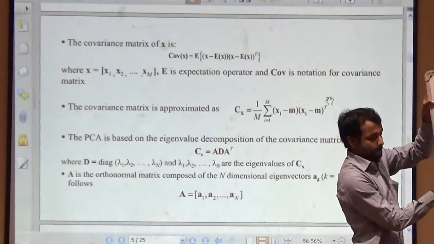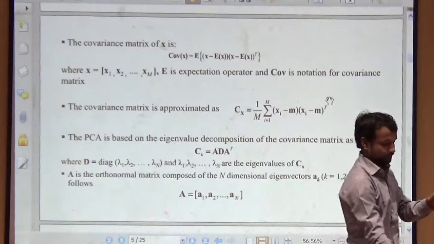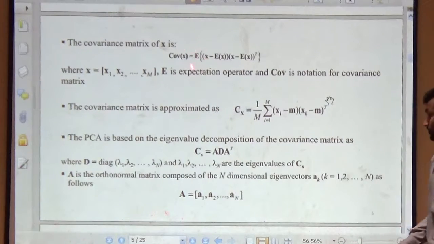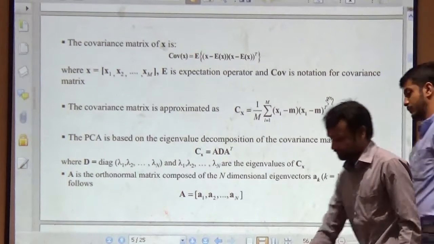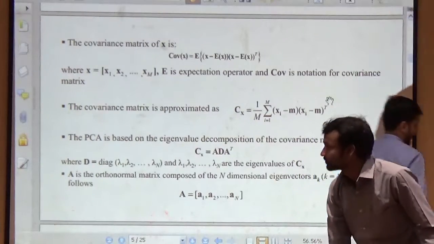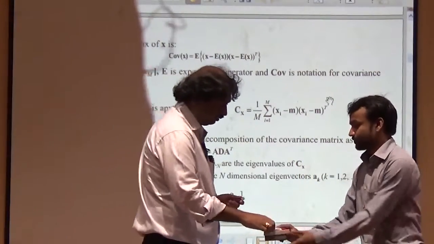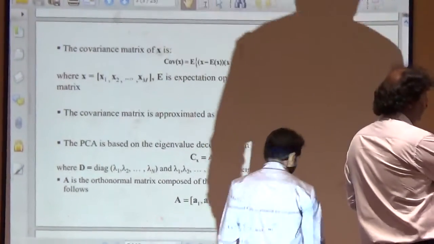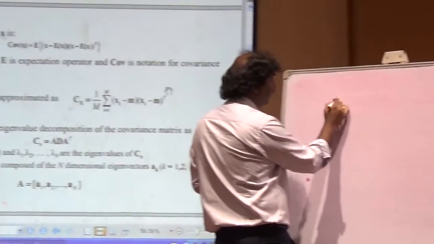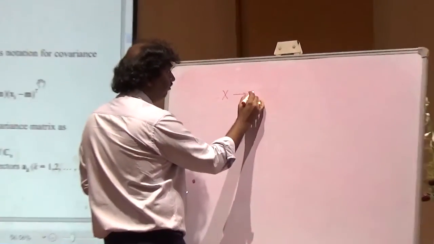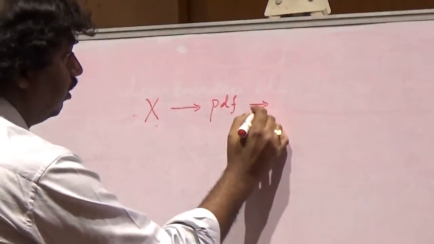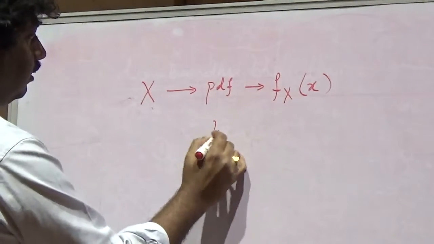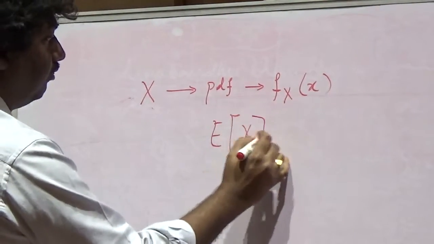So now comes the covariance matrix. I want to compute the covariance matrix. I hope everyone knows about the expectation operator. This operator is coming from statistics. Suppose I have a random variable x and it has a PDF denoted like this, then the expectation of this random variable x is defined like so.